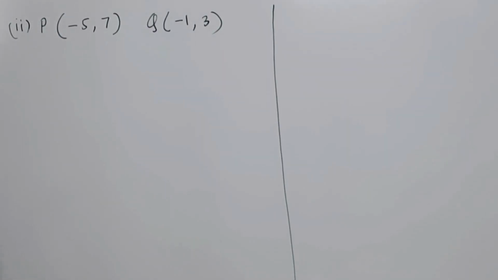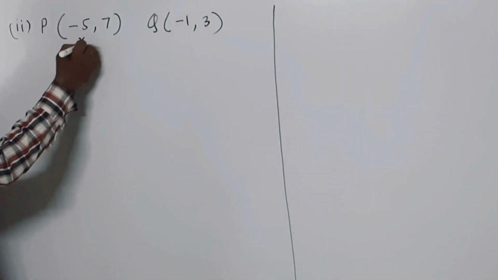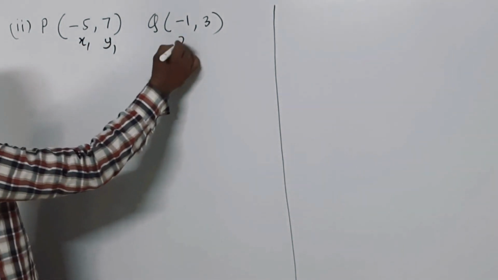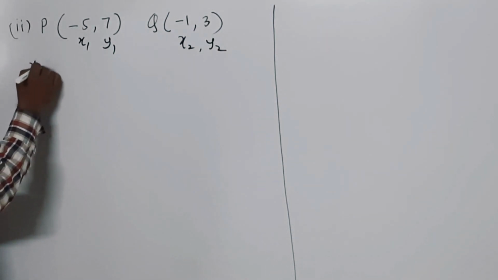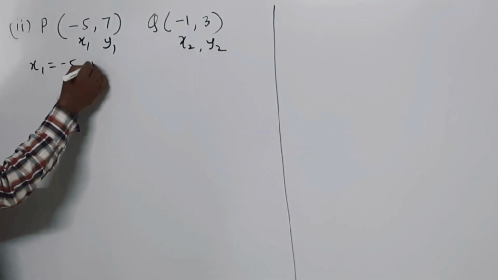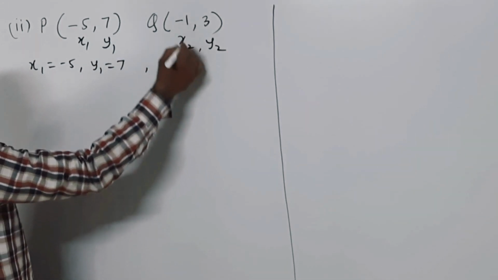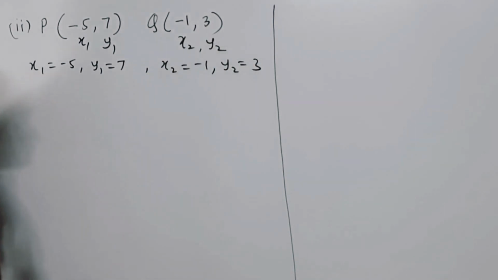Second example, P(minus 5, 7) and Q(minus 1, 3). So let P be (x1, y1) and Q be (x2, y2). So x1 is equal to minus 5, y1 is equal to 7, x2 is equal to minus 1 and y2 is equal to 3.